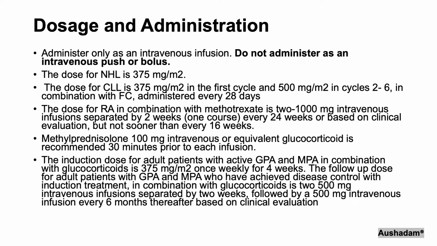Usually methylprednisolone, also called Solu-Medrol, is used as pre-medication before the drug is infused to avoid any infusion reactions. In patients with vasculitis, the same dose as non-Hodgkin's lymphoma, 375 milligram per meter square once a week for 4 weekly doses, is commonly used.